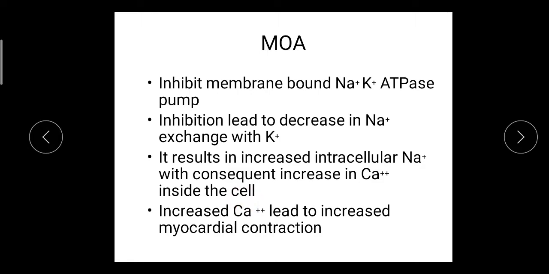Due to the inhibition, a new exchange is generated, sodium exchange with calcium: sodium goes outside the cell and calcium comes into the cell, and that intracellular calcium increases the myocardial contraction.